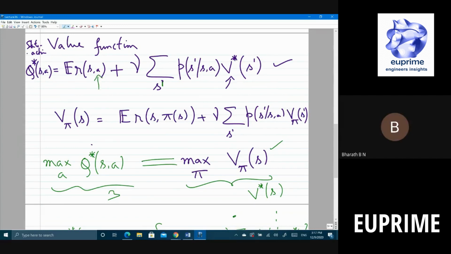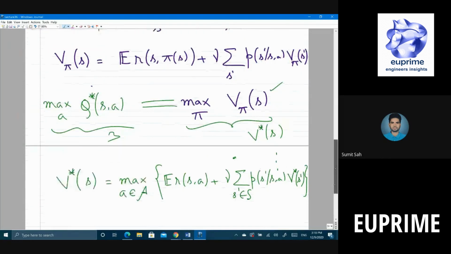Also this A and this A in the summation are the same. See, if there are three actions, A should be the optimal action at the state S, so that we can get V star of S dash, right, sir? Exactly, yeah. The action here should be best. Yes, okay. Is that fine? Yes, sir.